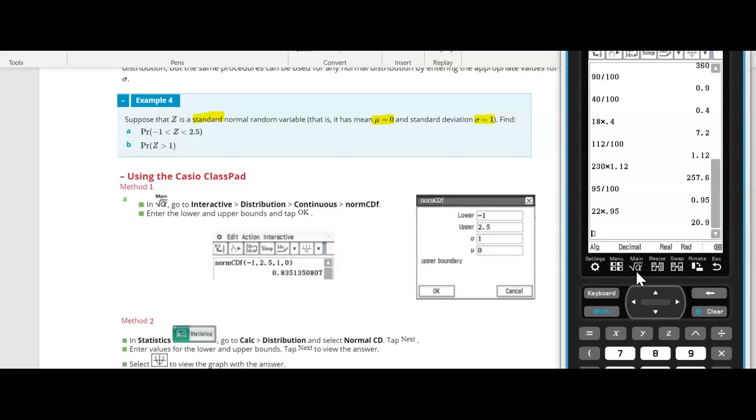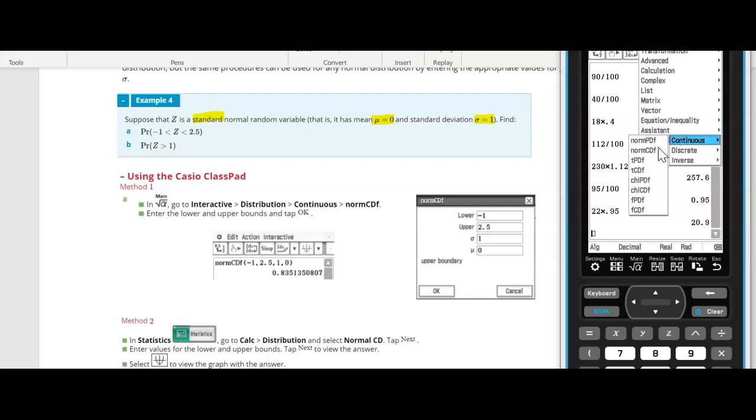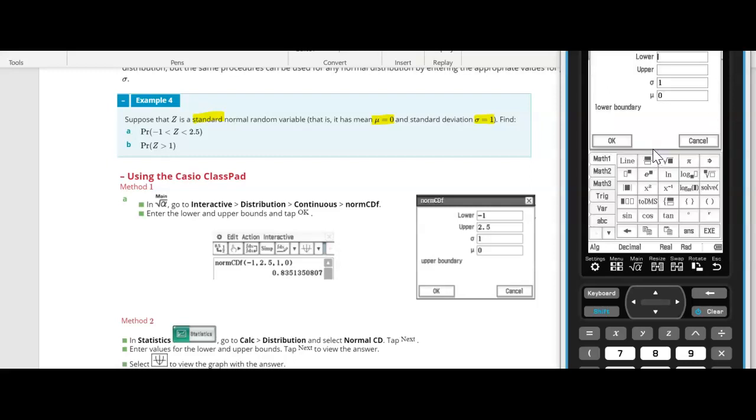Okay, so we go into Main, Calculator. Oh, we're already in Main. Sorry. Interactive. Distribution and continuous. And this time we are going to Normal CDF. Okay, and so our lower bound is -1. Our upper bound is 2.5.